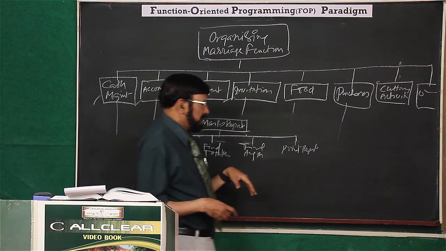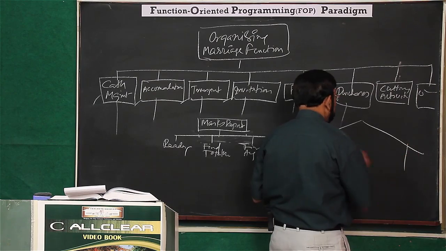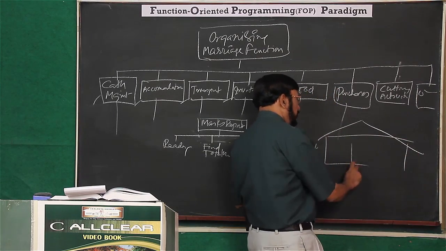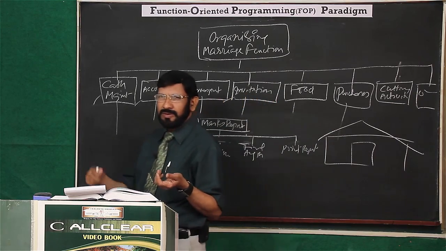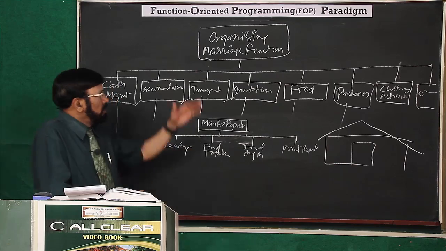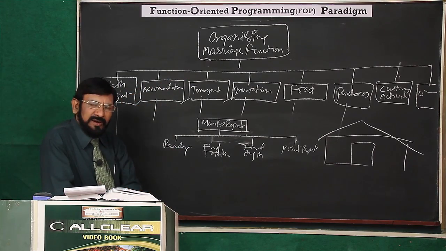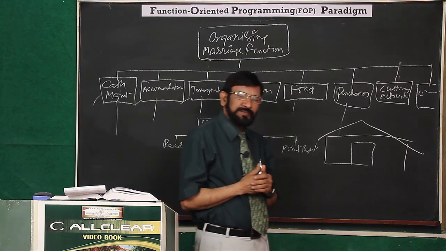In the same manner, think of this house you constructed. How was this house constructed? By the collective contribution of many specialists. How was this marriage function organized so well? Because of the collective contribution of all these specialists.